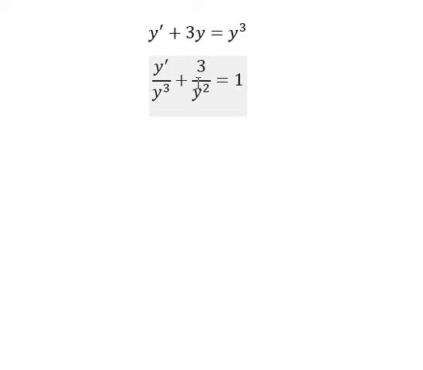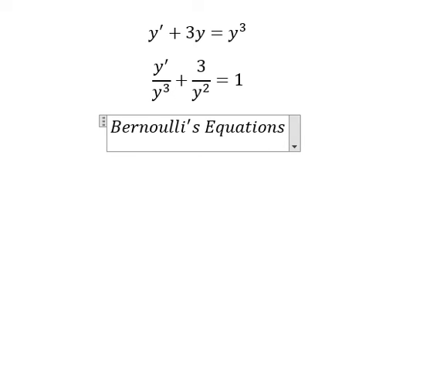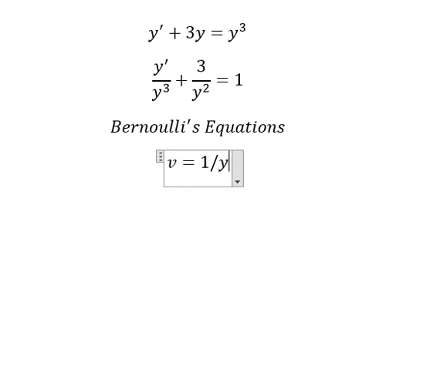Next, we have 1 over y to the power of 2 and first derivative of y over y to the power of 3. This is about Bernoulli's equation. So I will put v equals 1 over y to the power of 2.